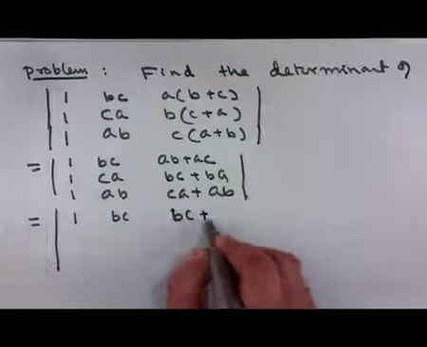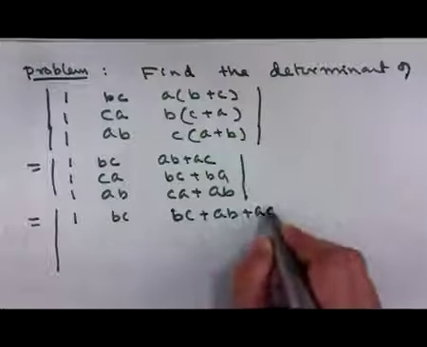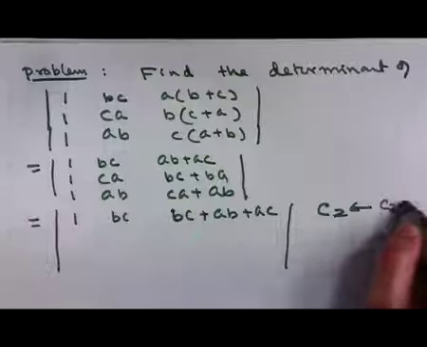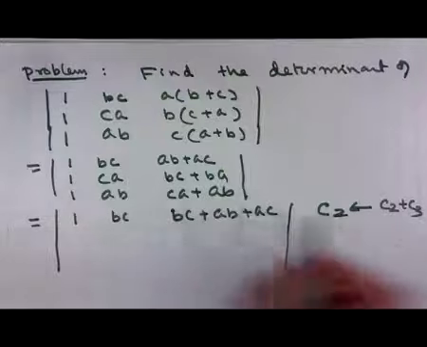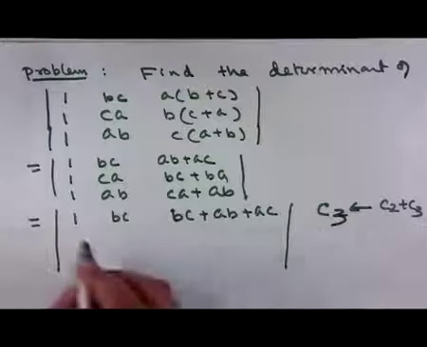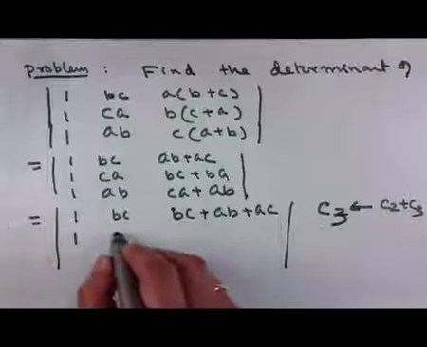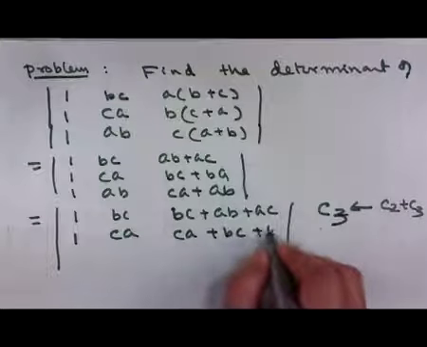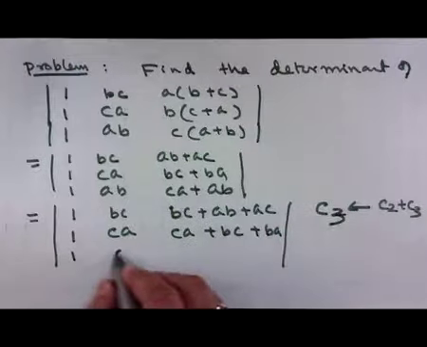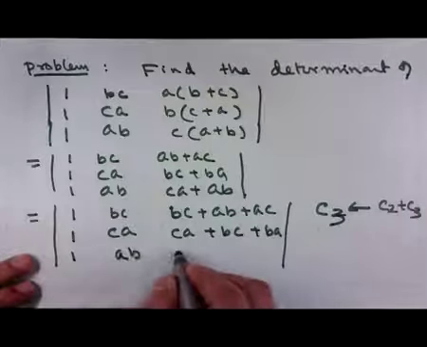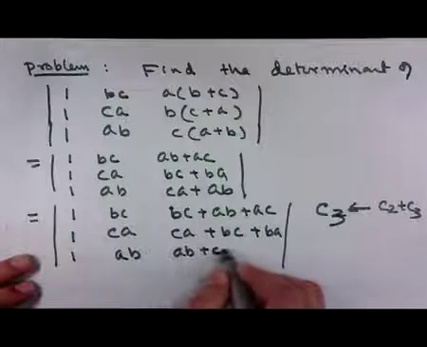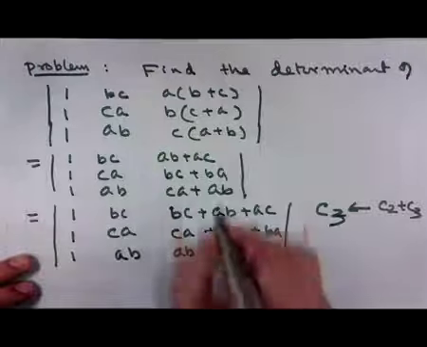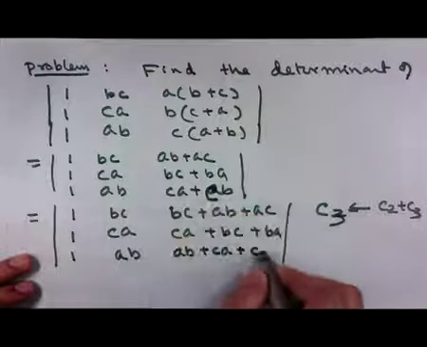The operation is C3 becomes C2 plus C3. So, we get 1, b, bc plus ab plus ac; 1, c, ca plus bc plus ba; 1, a, ab plus ca plus cb.